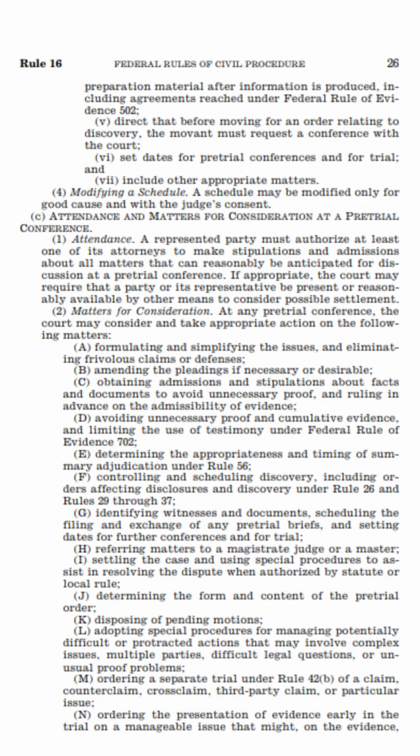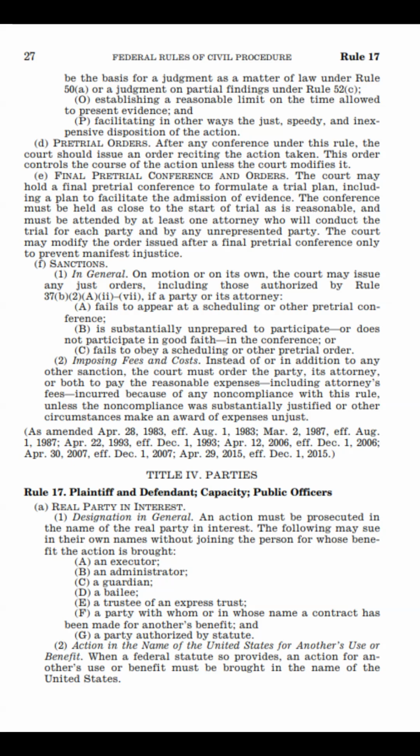N. Ordering the presentation of evidence early in the trial on a manageable issue that might, on the evidence, be the basis for a judgment as a matter of law under Rule 50(a), or a judgment on partial findings under Rule 52(c). O. Establishing a reasonable limit on the time allowed to present evidence, and P. Facilitating in other ways the just, speedy, and inexpensive disposition of the action.